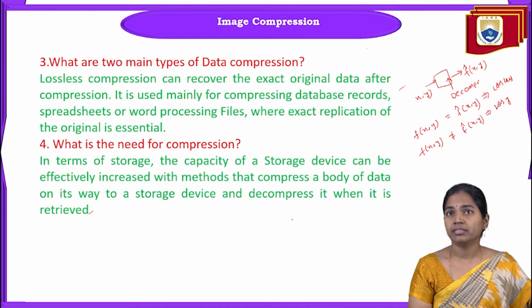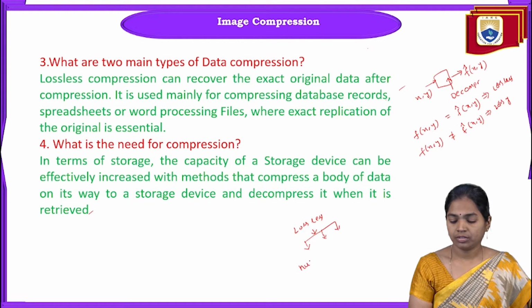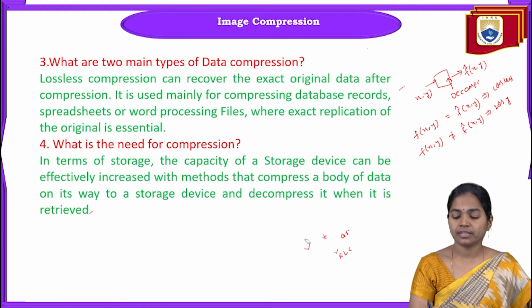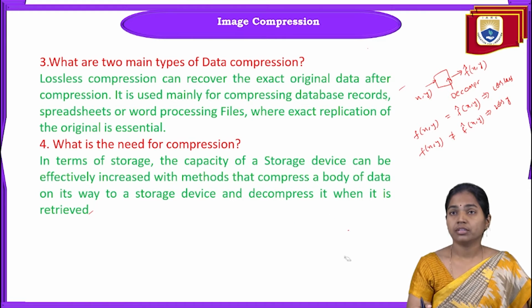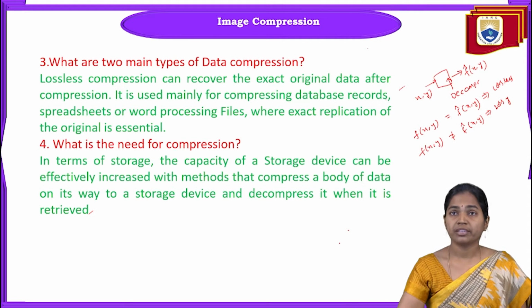For lossless compression, we have Huffman code, arithmetic code, and another one is RLC, run length code. With these compression techniques, we can reduce the data and compress the image.